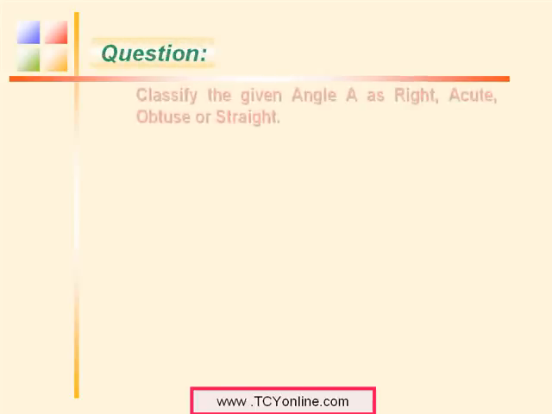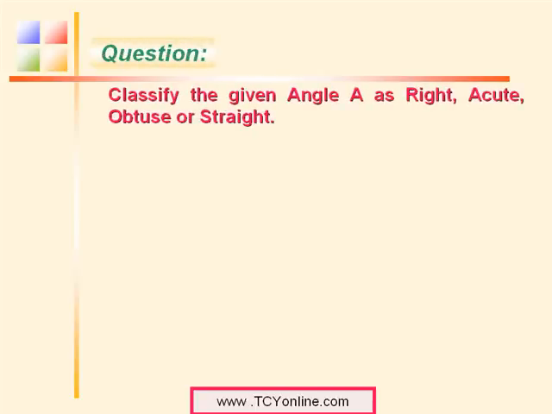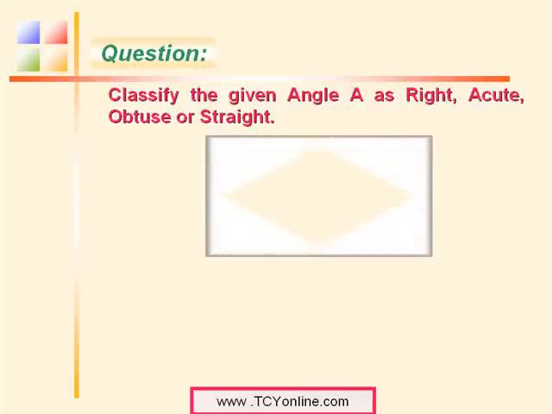Now let's look at one more question like that. Again, we need to classify the given angle A as right, acute, obtuse or straight. This is a figure of a measuring funnel, and we need to identify this angle A. Simply when we give a look at this angle, we find that this is not a straight angle because it is not making a straight line.